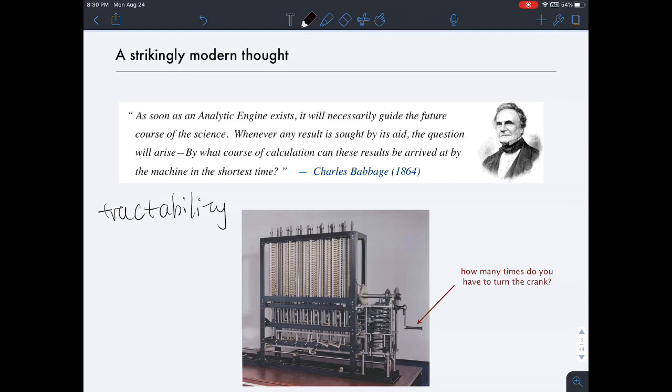So what do we mean by being tractable? A problem is tractable if we are able to design a computer algorithm or computer program that can efficiently solve the problem. But then we want to come up with a mathematical abstraction to define what we mean by efficiently solving the problem.